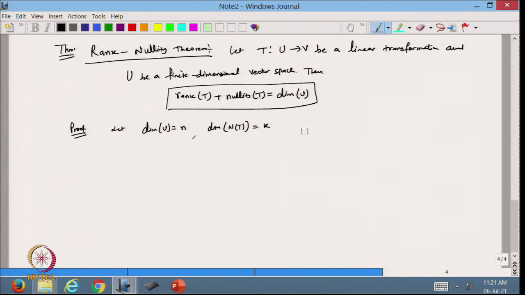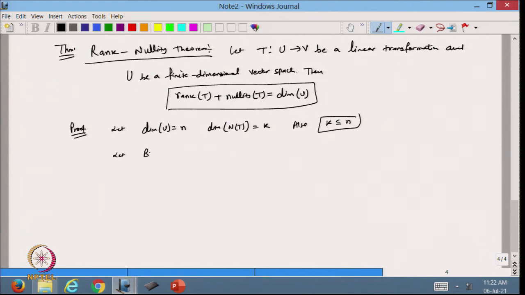So, this we have decided, and also we know that k will be less than or equal to n, because null space is a subspace of U. So, definitely the dimension of NT is always less than or equal to the dimension of U. Now, it is given that the null space has dimension k, that is, the nullity is k.